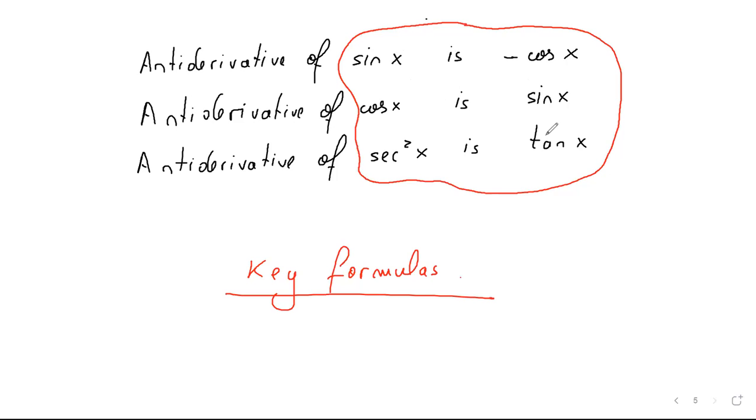Now, you might wonder, oh, wait a second, you cheated us here. You didn't tell us the antiderivative of tangent. Well, unfortunately, I cannot tell you that now here in calculus 1 because that is a calculus 2 problem. In calculus 2, you will learn the antiderivative of tangent.